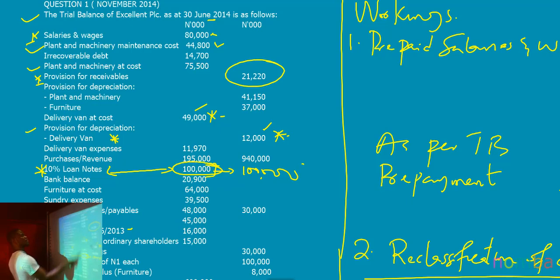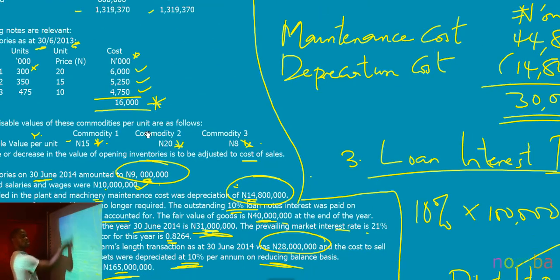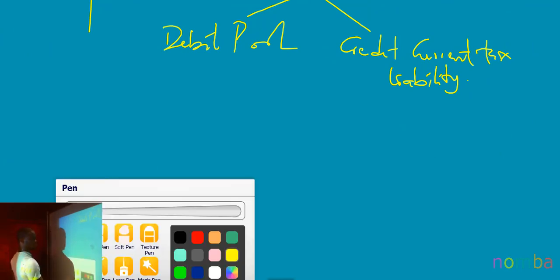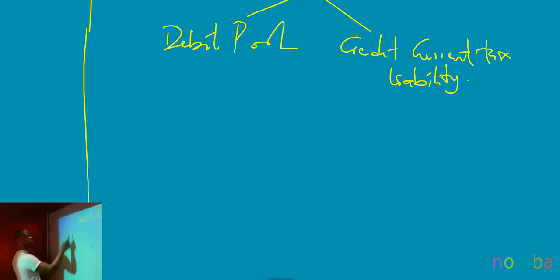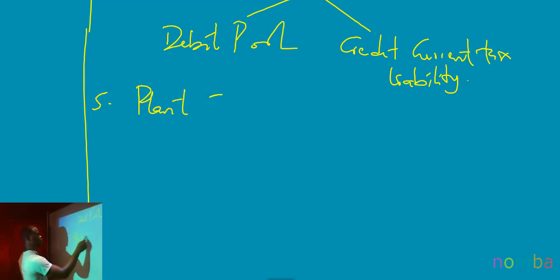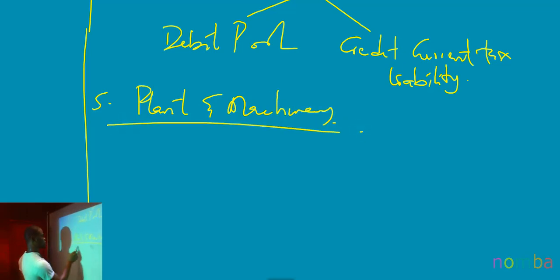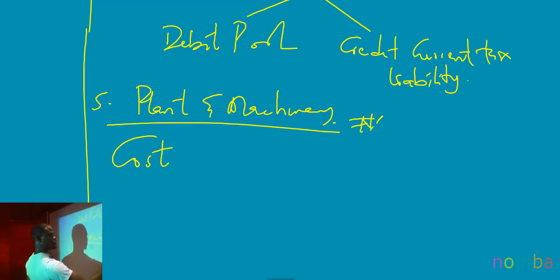The cost was 75,500. That'll be my workings 5. So plant and machinery. The cost was 75,500.